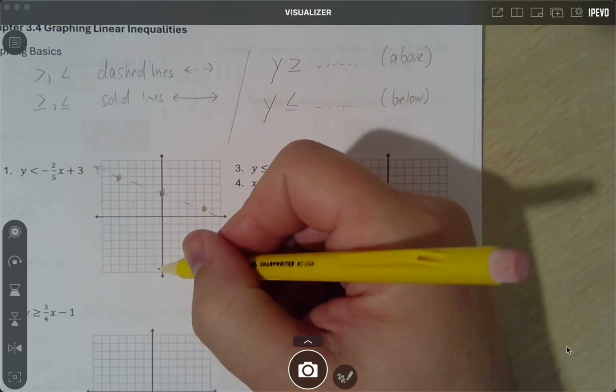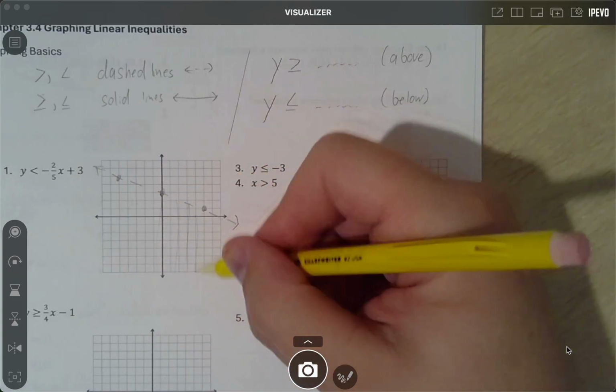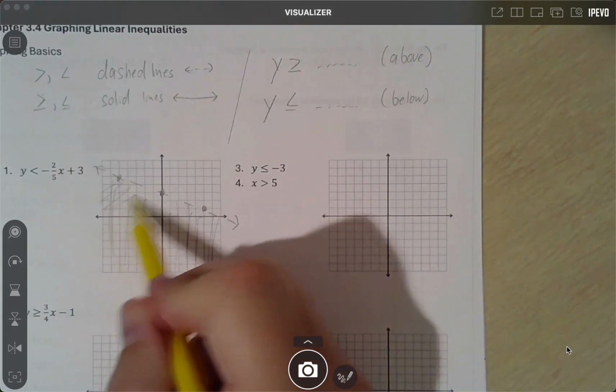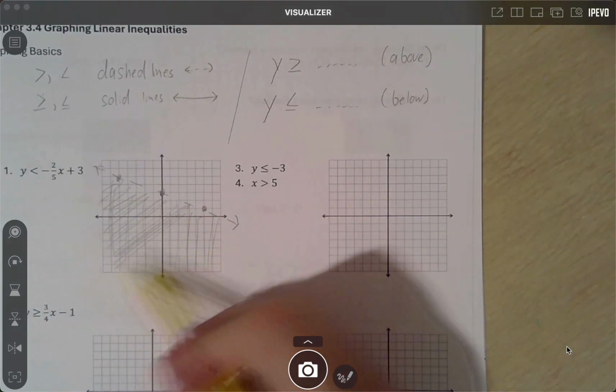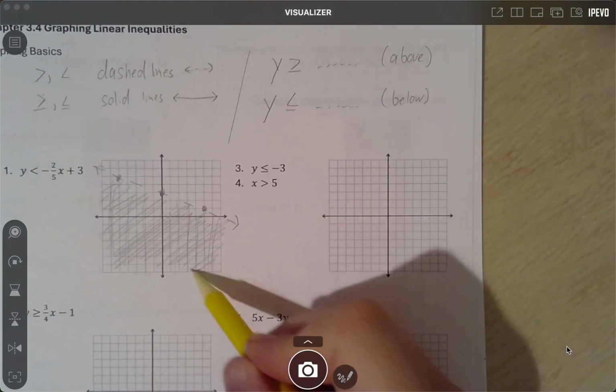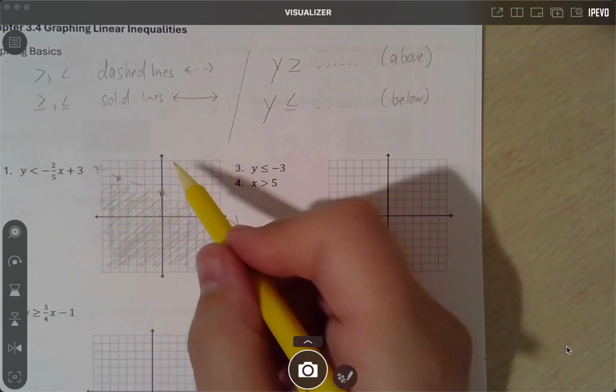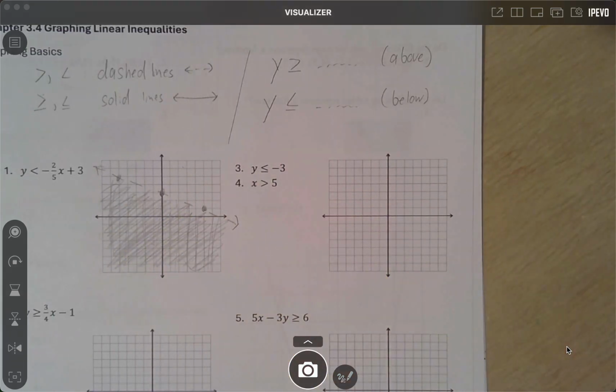That's my shading. In your online homework, all you need to do is drop one little paint bucket, either on the top section or the bottom section, and it takes care of the rest. But that would be my line for this one.